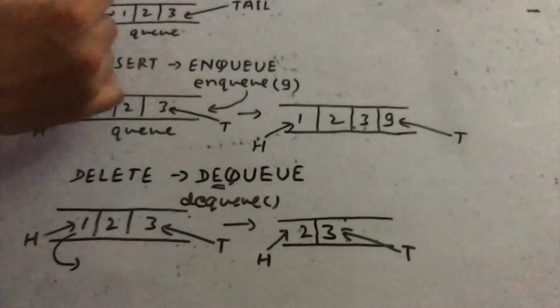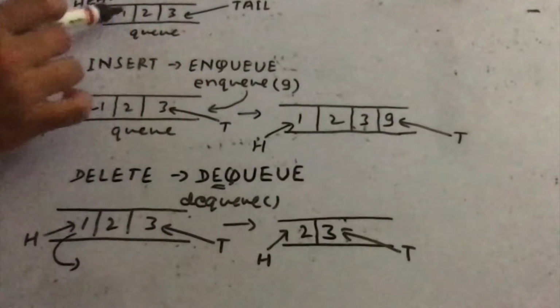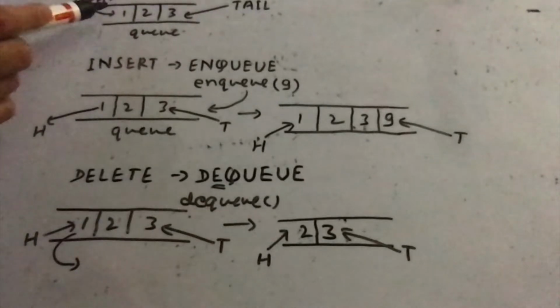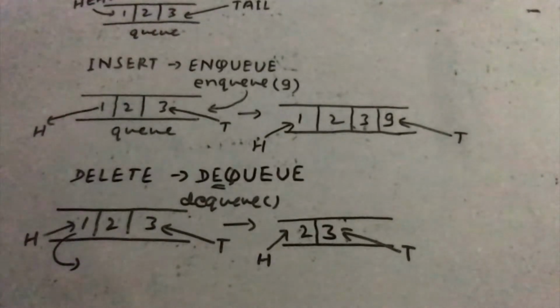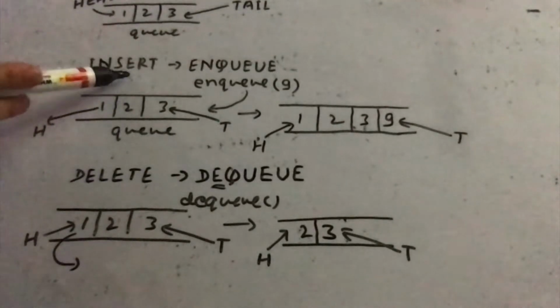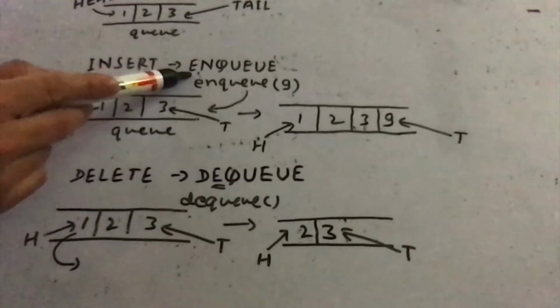So let's say I have a sample queue where I already have 3 elements: 1 2 3. In a queue, two different pointers are required. The first one is the head of the queue and the second one is the tail of the queue. Now when you insert an element in a queue, that operation is called enqueue. You are inserting an element.